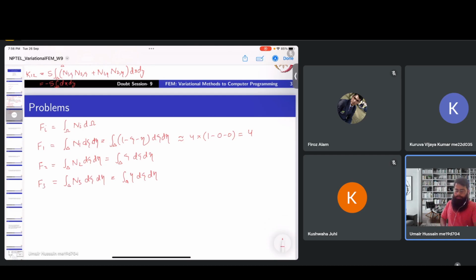We can calculate them like this. All right. So I hope this is clear. Shall we move on to the next problem?